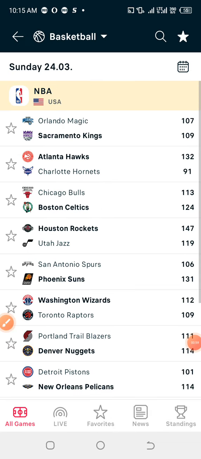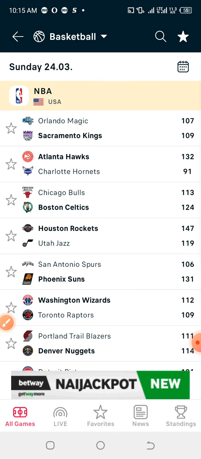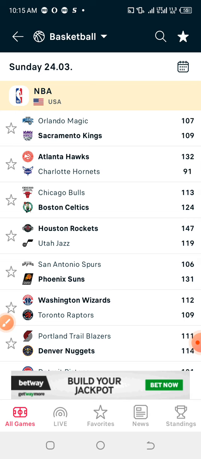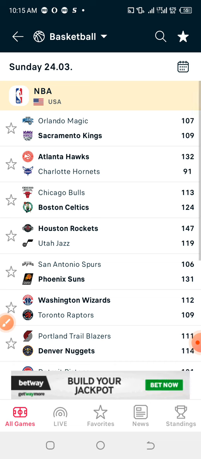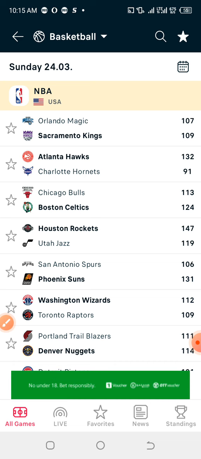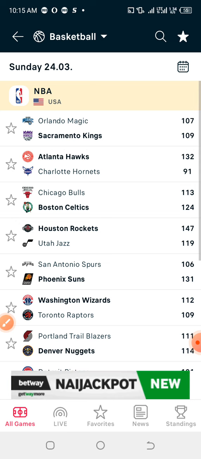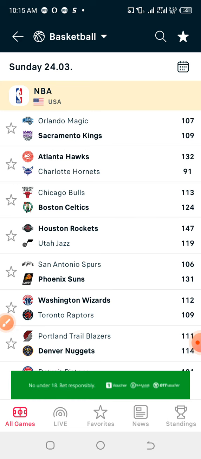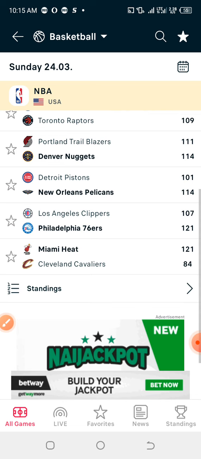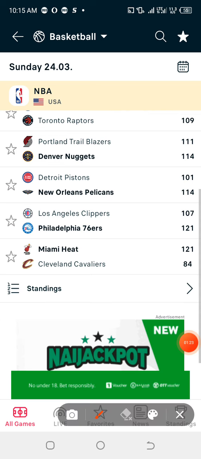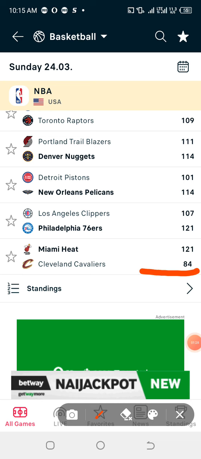These are the games that they've played, and if you check some of the outcomes of these games, you can see that some results and the points they had in some games are actually very small. If some people predicted these games as over 221 points, surely the game might have been lost. Now the game that I will be picking here, let's see. Okay, we have a game that ended 121 and 84.